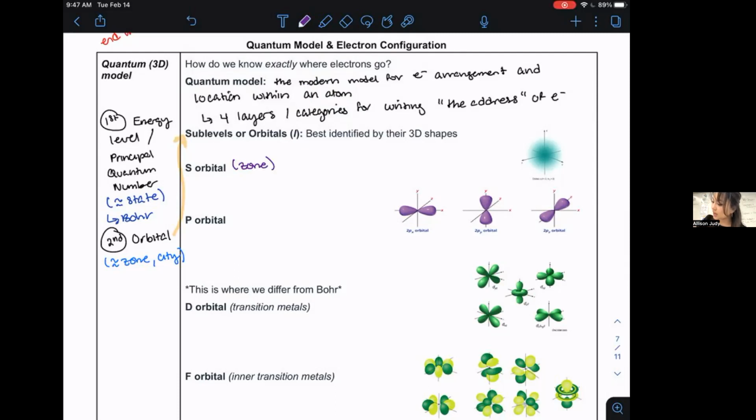And what you notice about the s orbital is it is a spherical space where electrons can exist. And particularly, it's a space where only 2 electrons can exist. It maxes out at 2 electrons.